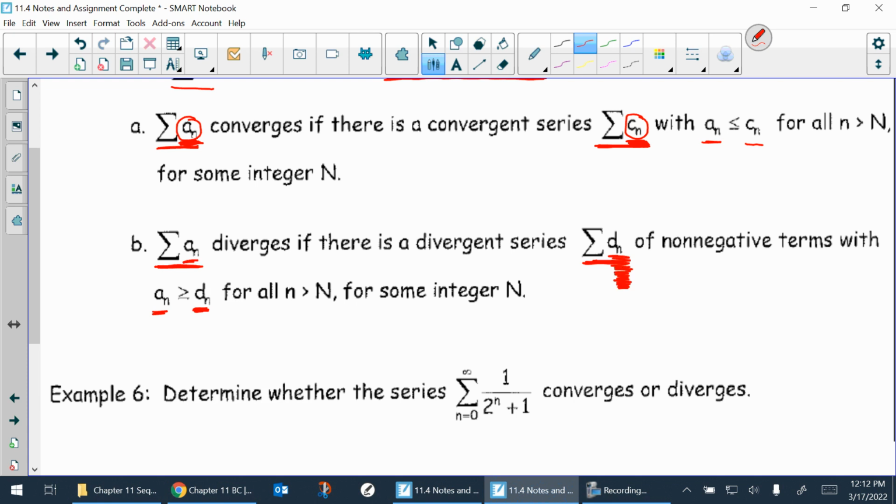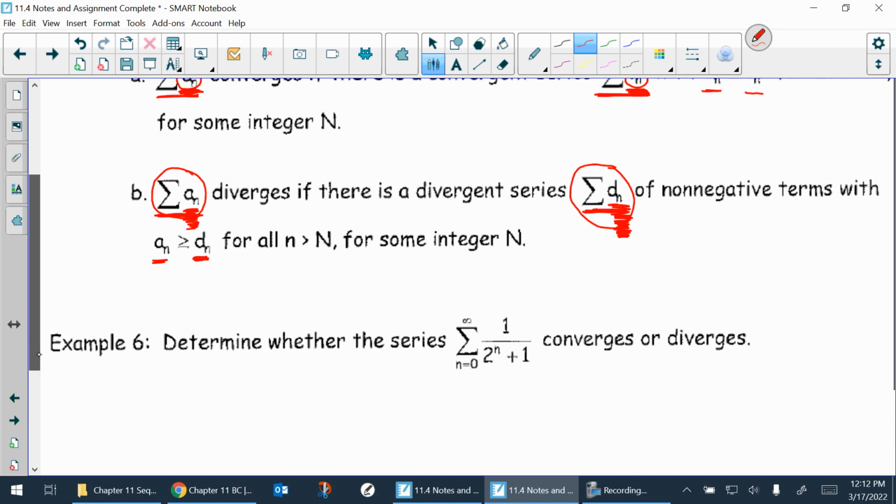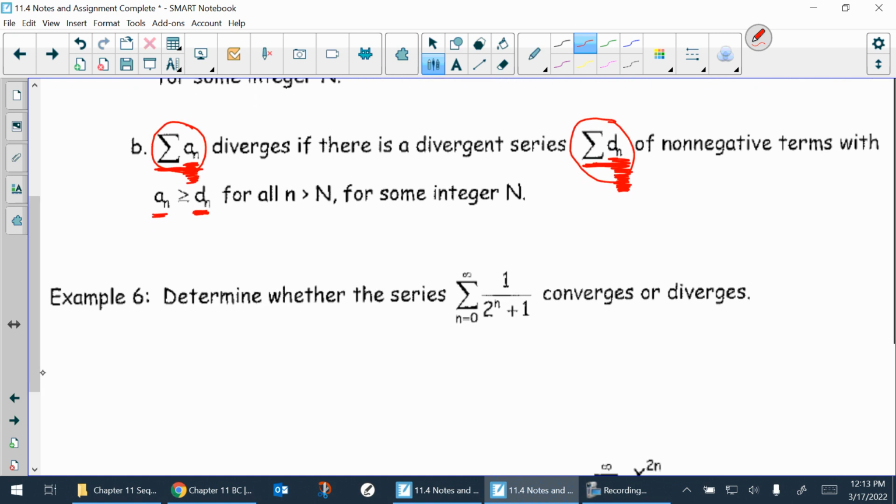If I add even bigger stuff together, the sum's going to be even bigger, and without a doubt, that's going to diverge. So I'm going to compare a new series to something that I know, whether it converges or diverges. And that's the direct comparison test. So let's take a look at this one. Does this thing diverge or converge?